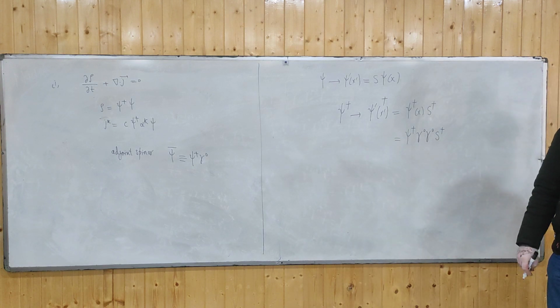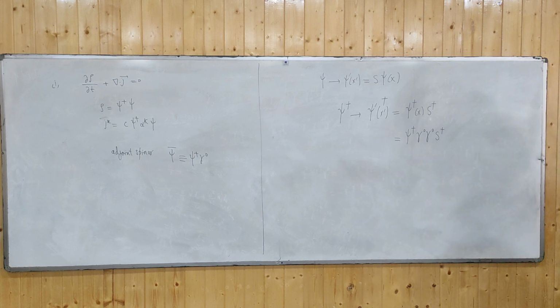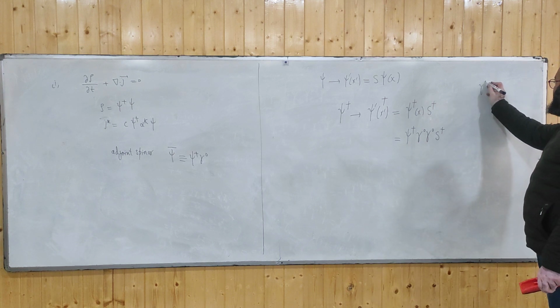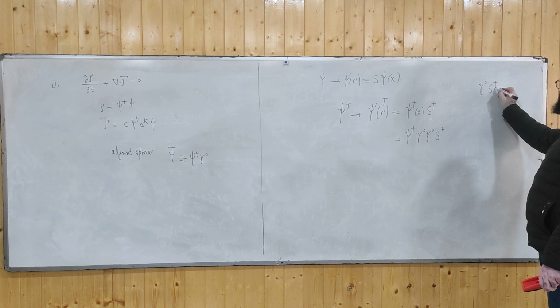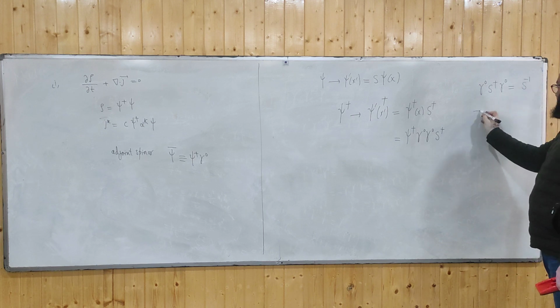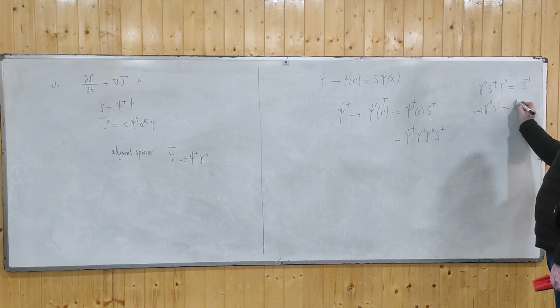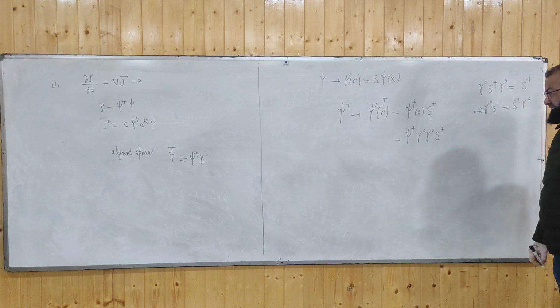What is our definition? Gamma 0 S dagger gamma 0 equals S inverse. So gamma 0 S dagger equals S inverse gamma 0.